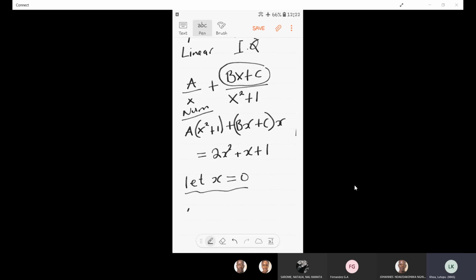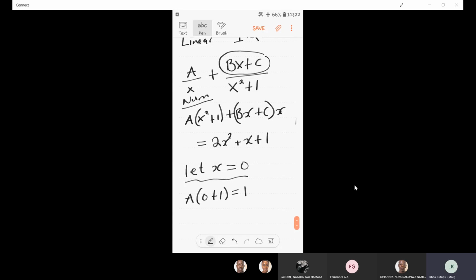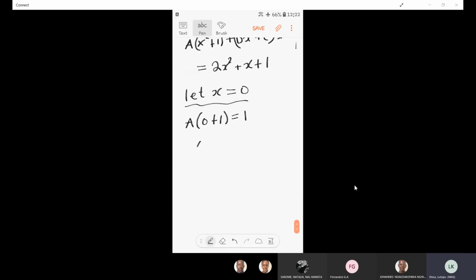So I have A times 0 squared plus 1, and on the right hand side I have 0 plus 0 plus 1, this is just equal to 1. So then I have A is equal to 1.